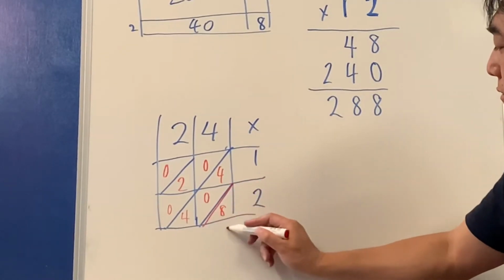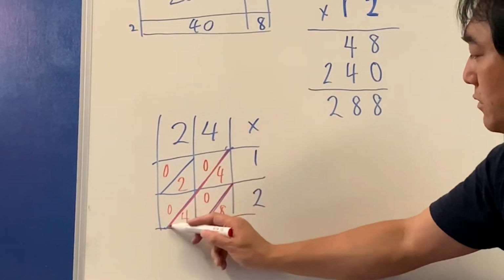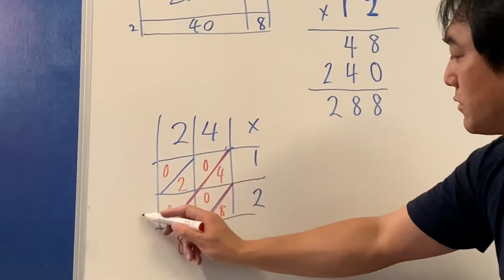When you add, underneath there's a diagonal line, 2 diagonal lines.